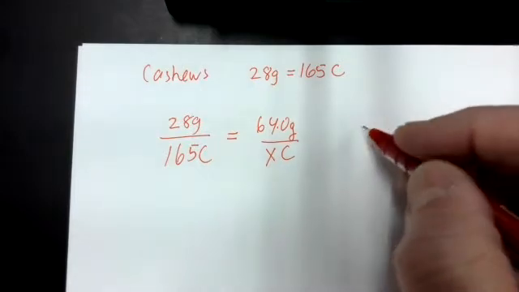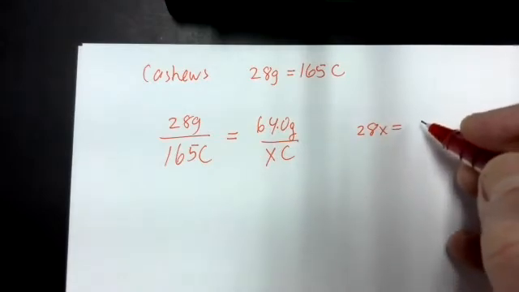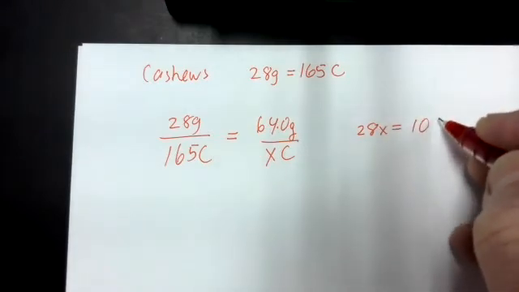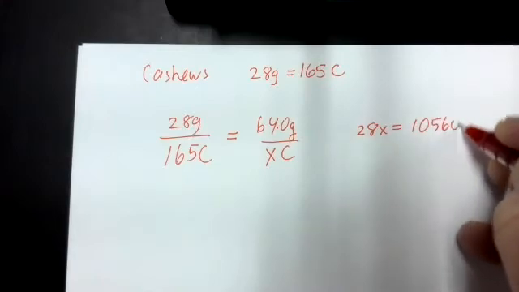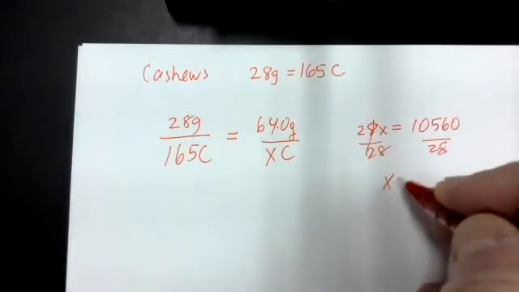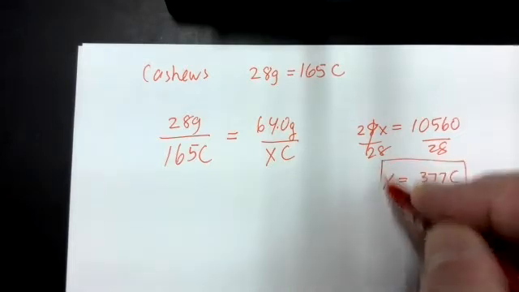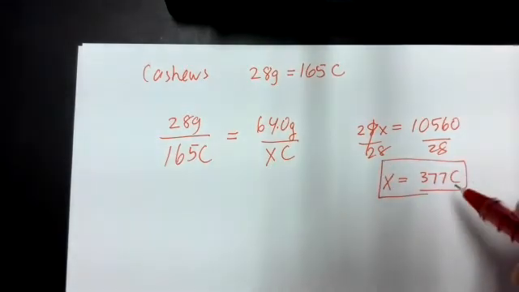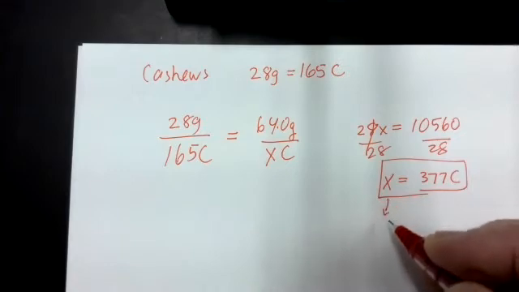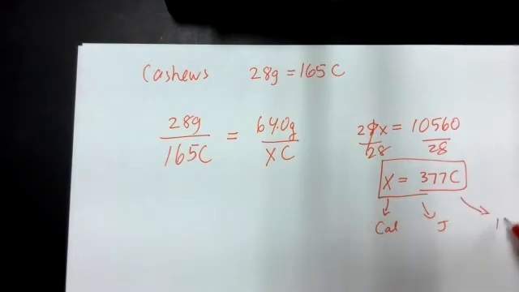So when we cross multiply, we're going to get 28x, and that's going to be equal to 10,560. We're going to divide both sides by 28. X is going to equal 377 calories. Now, that's the number that we have to convert into cals, joules, and kilojoules.